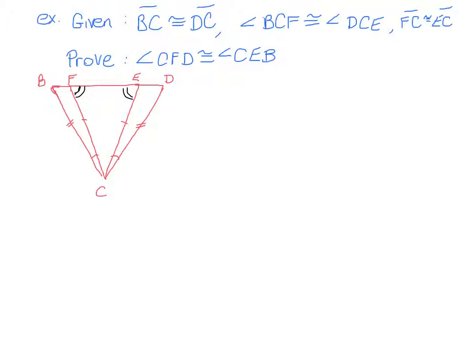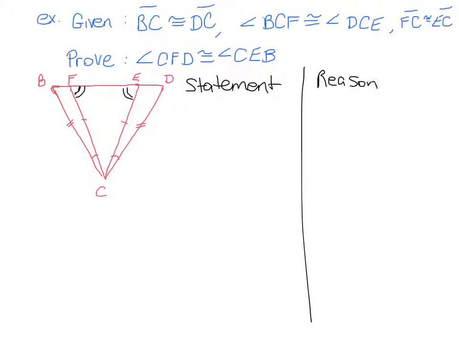Now remember that when you're doing your two-column proof, you always want to start off with information that is given. So let's put a column for our statement and another column for our reason. We know given here that BC is congruent to DC.